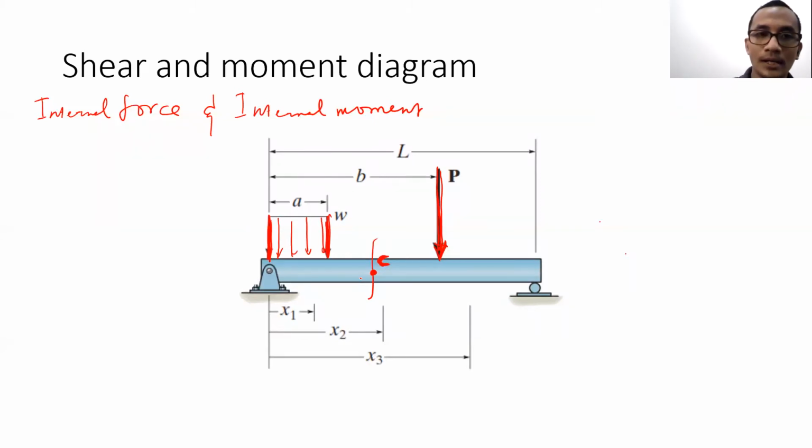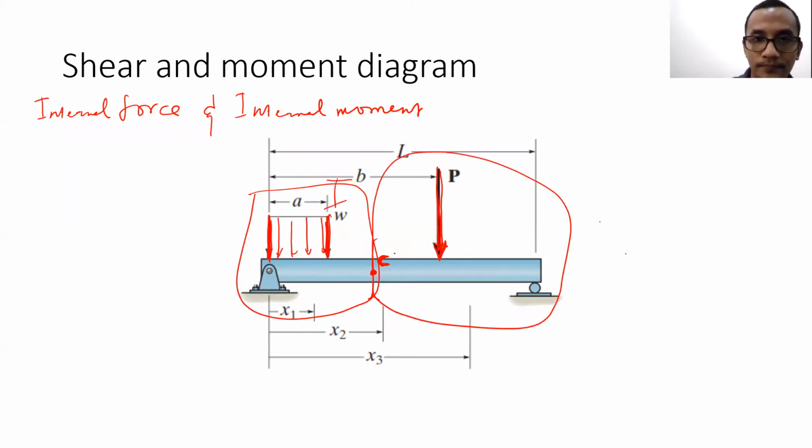and then we can analyze the left part of the section or the right part of the section. Either this part or this part. So you can do whatever you want.